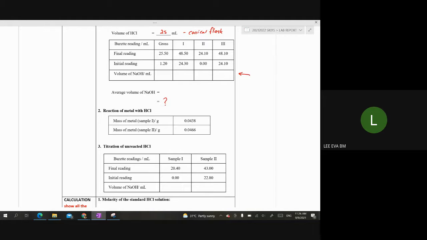So ingat perkiraan pun masih dalam 2 decimal point kalau awak nak catat untuk burette reading. Tak kisah dia initial ke, final ke, volume ke. Kalau isi dalam table memang 2 decimal point.